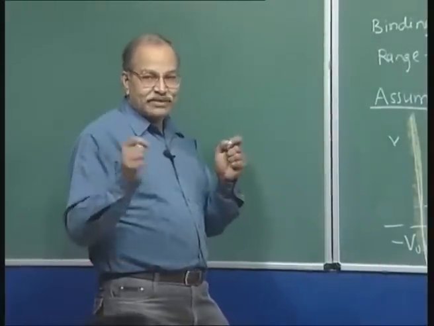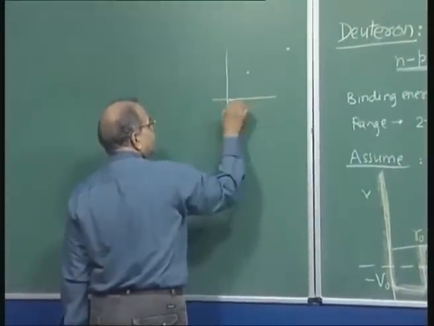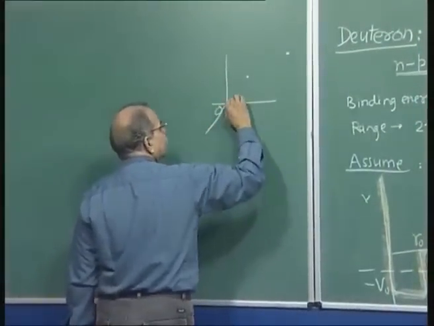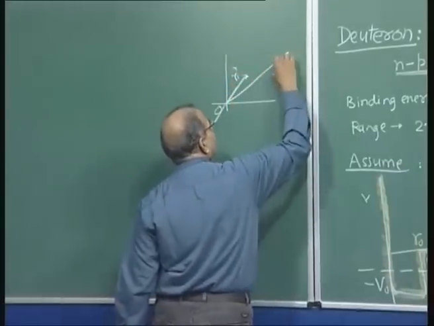For a two particle system, if you have two particles, and here is your origin and axis, then you can write the position vectors of the two particles as r1 and r2.